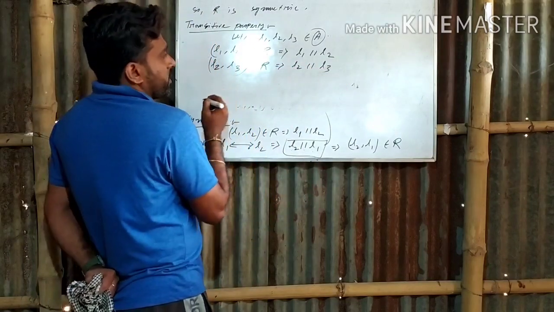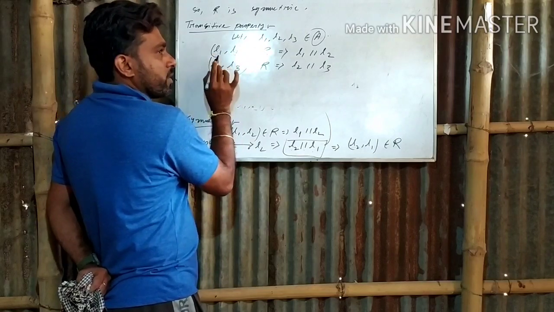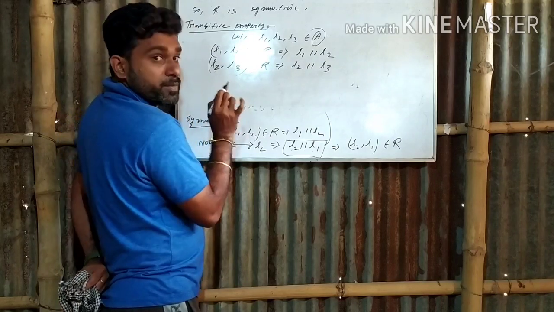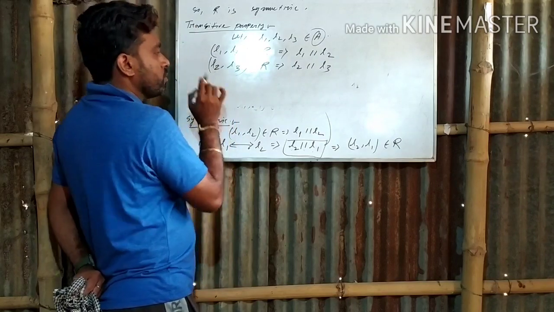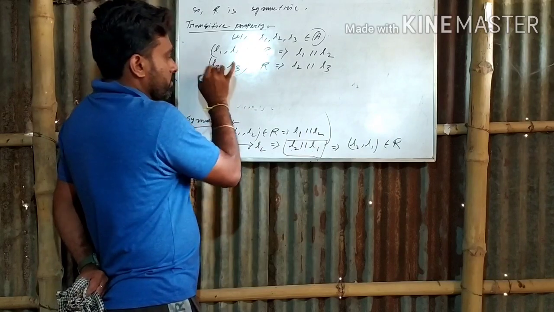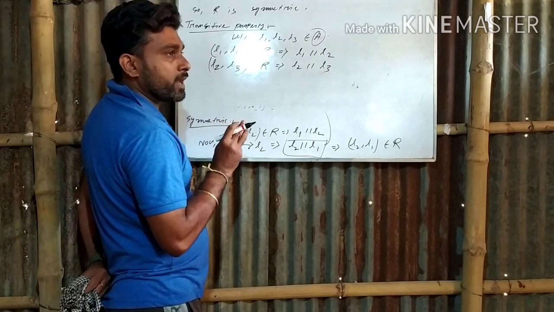Now here you can see there is a relation between L1 and L2, and between L2 and L3, but there is no ordered pair taking L1 and L3. That means there is no relation yet between L1 and L3.